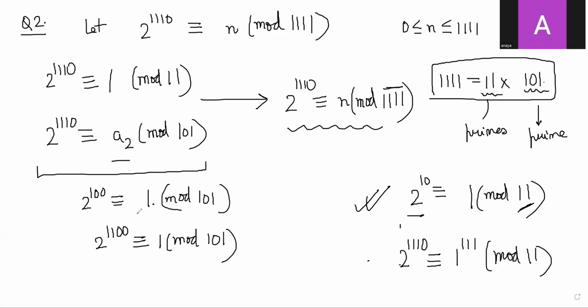So this number is basically 2 power 1100 times 2 power 10. And we know 2 power 10 mod 101 is equal to 1024 mod 101. So you can just divide 1024. 101 times 10 is 1010. So 14.